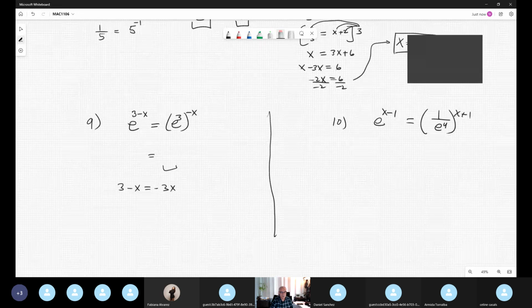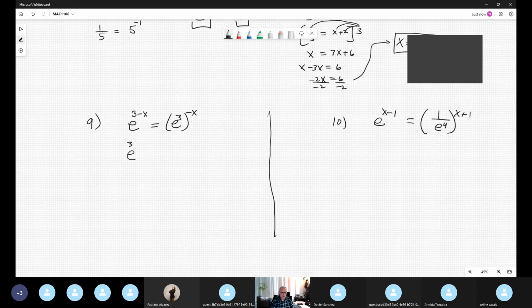Now, let me start at the beginning. Okay, so now it's easy. You copy this exactly the same. Remember the same strategy: you multiply this exponent. At this moment we have two exponentials with the same base, therefore the exponents are equal. You have a linear equation and you solve it.